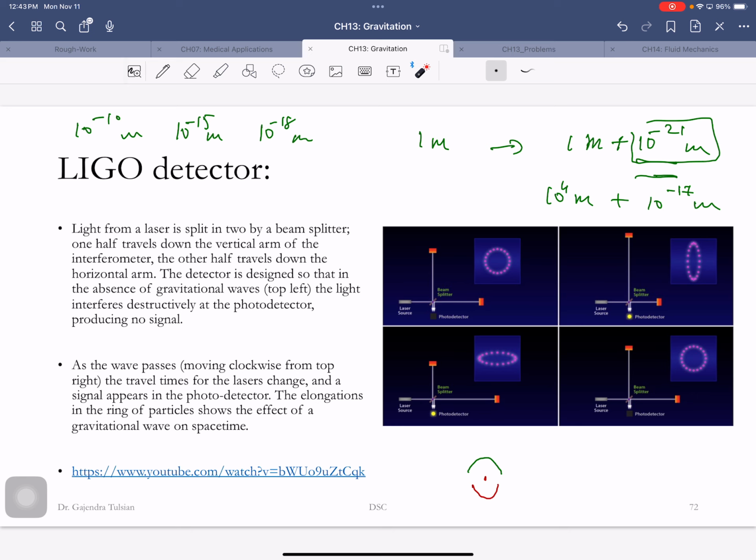When a gravitational wave passes by, if this space stretches like this, now this beam has traveled an extra distance. When this beam travels an extra distance, there is a mismatch and there is no exact cancellation. So that's how we're going to detect it.